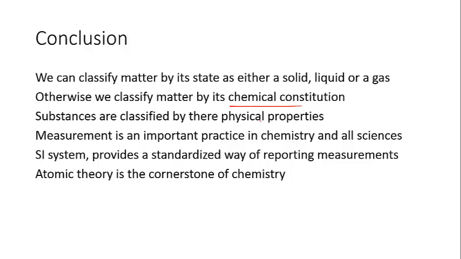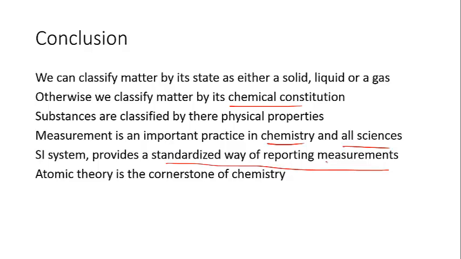Chemists classify substances by physical properties, and many of these properties can be measured. And this is why it's important to have an understanding of the correct way in which we report measurements. Now, measurement of different physical properties is really an important practice in chemistry in all sciences alike. The SI system of measurement provides us with a standardized way of reporting our measurements and allows us to communicate our findings to other scientists.